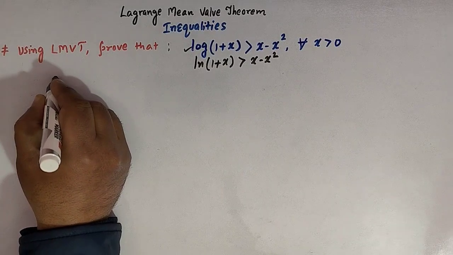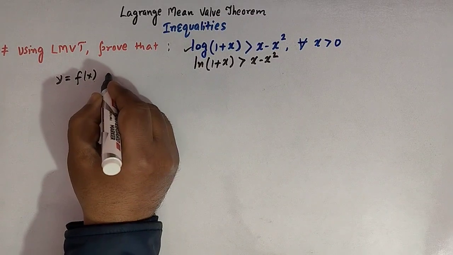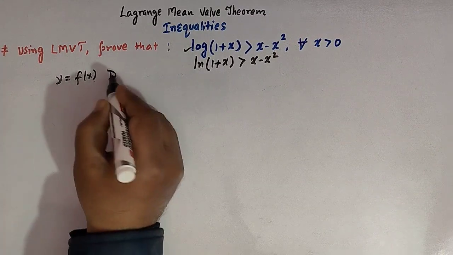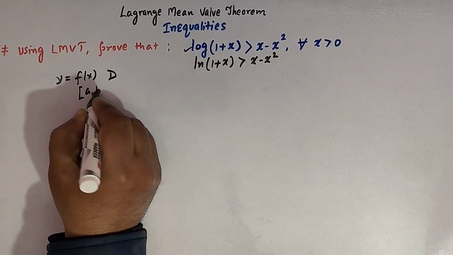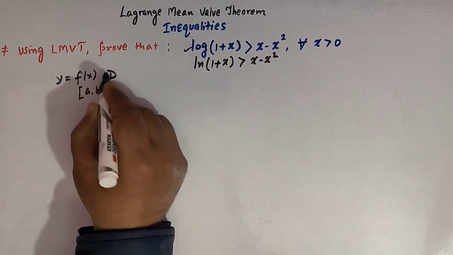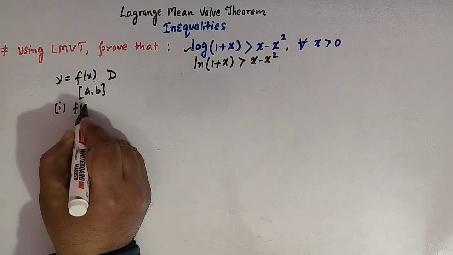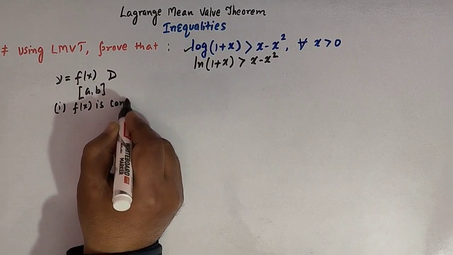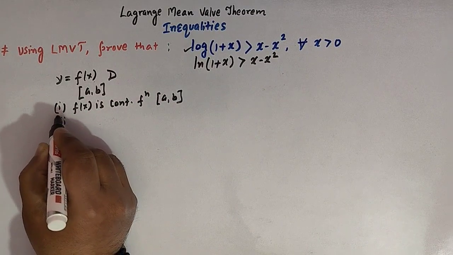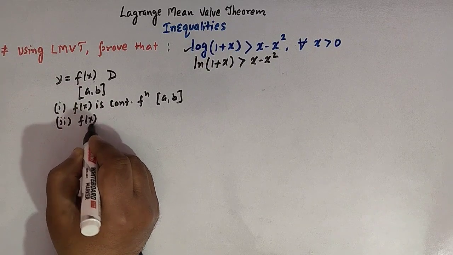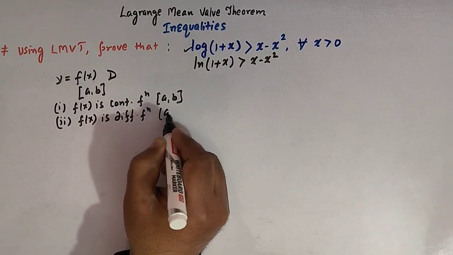Lagrange's mean value theorem says that if we have a function y is equal to f of x, which is defined in some domain D, and if we take an interval a comma b, which is a subset of this domain D, and if f of x is a continuous function in the closed interval a comma b, and if this function f of x is also differentiable in the open interval a comma b.